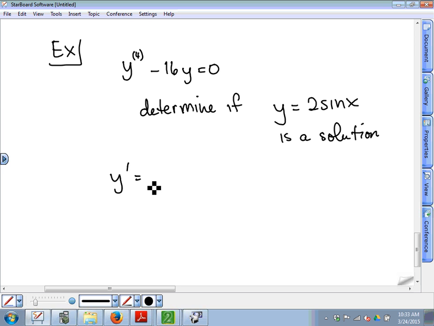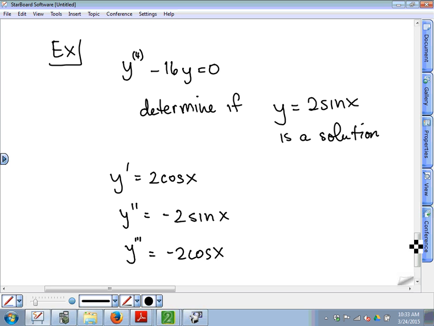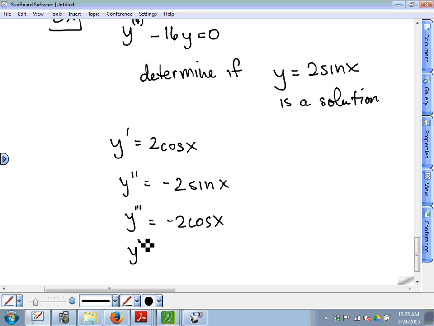So what's y prime? It's 2 cosine x. And then double prime is negative 2 sine x. Then triple prime is negative 2 cosine x. And finally, 2 sine x, right where we started.